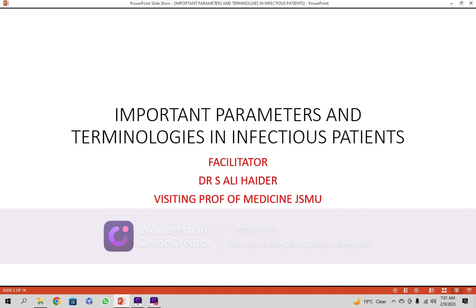As far as humoral immunity is concerned, the antibodies, full immunoglobulins, IgA, IgG, IgM, IgE, IgD, a long chain of immunoglobulins, bind the agent and kill it through many systems operating in the body. And this is the introduction of the important parameters and terminologies in infectious patients.